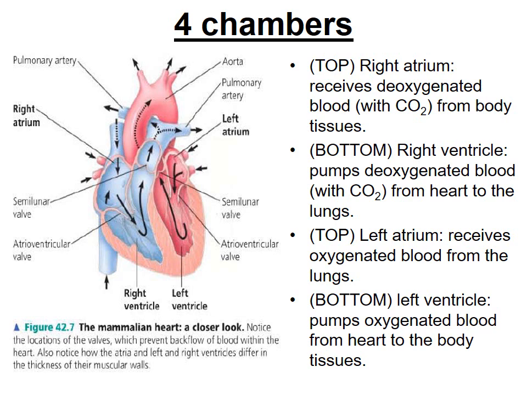So just more details on each of the chambers. Again, the top chambers are called the atria, or atrium singular. The right atrium receives deoxygenated blood with carbon dioxide in it from the body through the superior and inferior vena cava. The right ventricle then takes that deoxygenated blood and pumps it through the pulmonary artery to be delivered to the lungs, the left and the right lung, to become oxygenated.